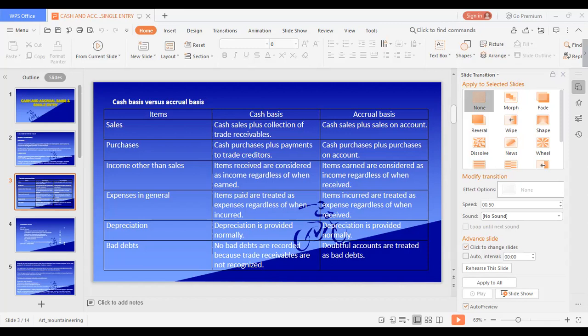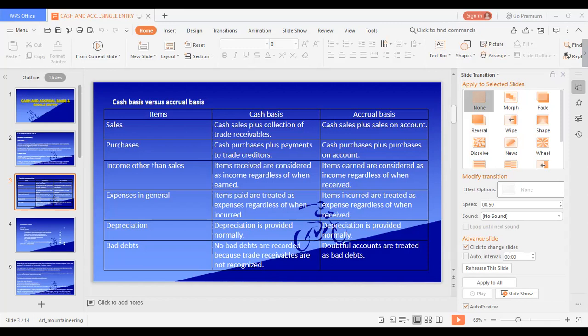Accrued expenses increase, so the effect on equity will be a decrease. Prepaid expenses increase, so the effect on equity will be an increase. Accounts payable, actually accounts payable increase, so the effect on equity is decrease.